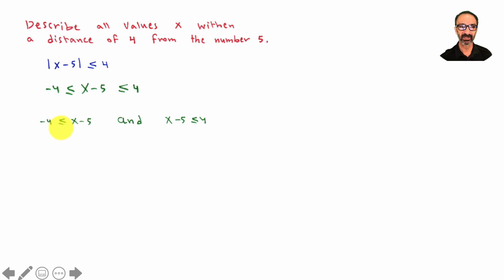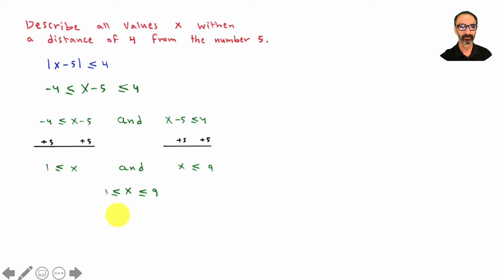I have negative 4 less than or equal to x minus 5, and I have x minus 5 less than or equal to 4. Then you solve each side. We're going to add 5 to leave x alone, and that simplifies to x greater than or equal to 1 and x less than or equal to 9.